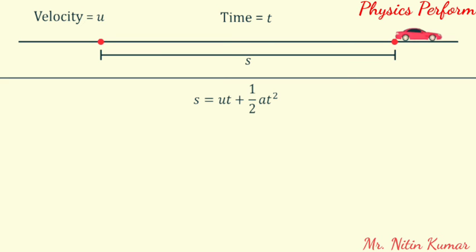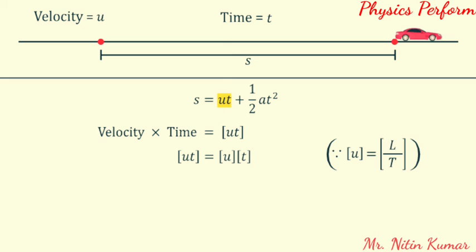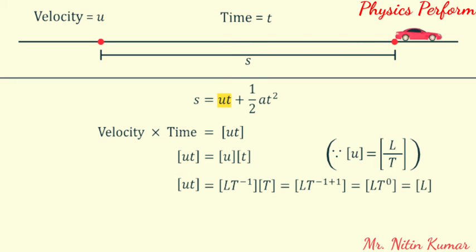In this case, the first term is the product of velocity and time. The product of the dimensions of these quantities is L T power minus 1 into T, as shown. On simplification, we get L.